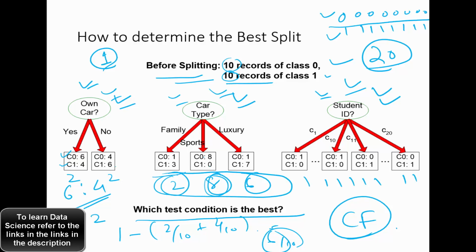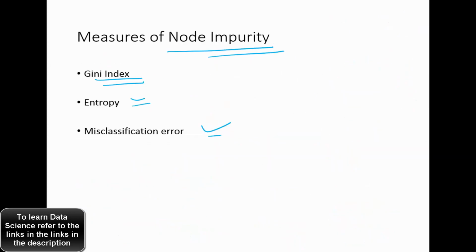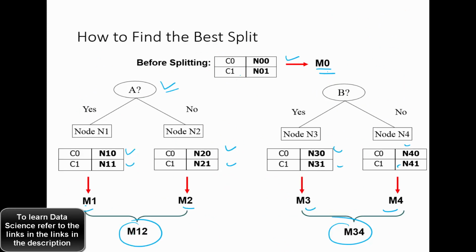So the idea is that the distribution should be more uneven in nature. Here it is more even, here it is less even, and that's the way you find out the best possible split. We find the unevenness and combine them.